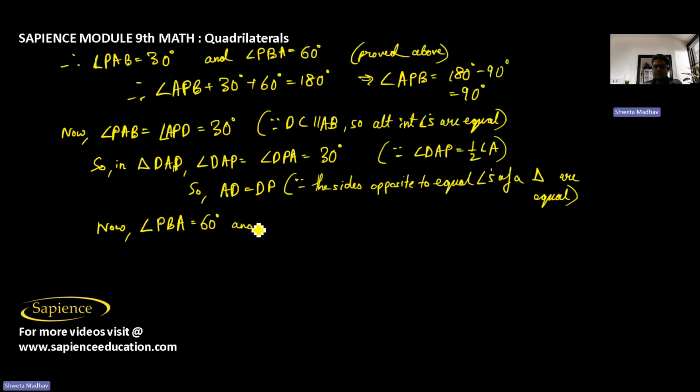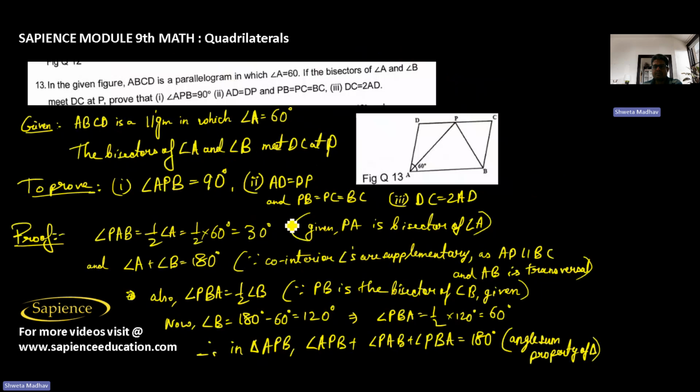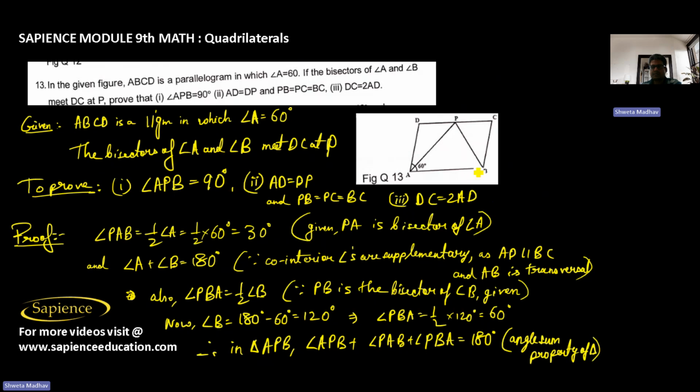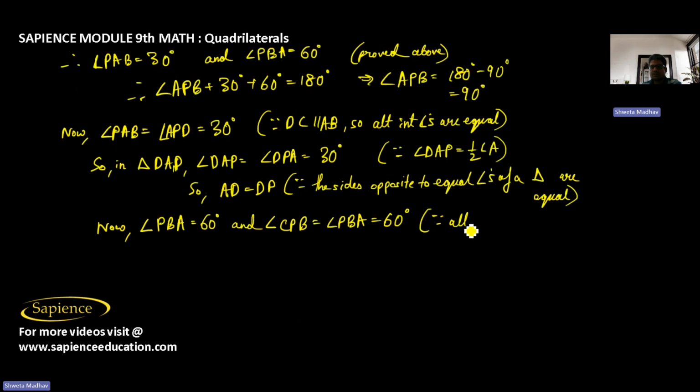And also angle CPB equals angle PBA, that will also be 60 degrees, since alternate interior angles are equal, as BC is parallel to AB and PB is the transversal.